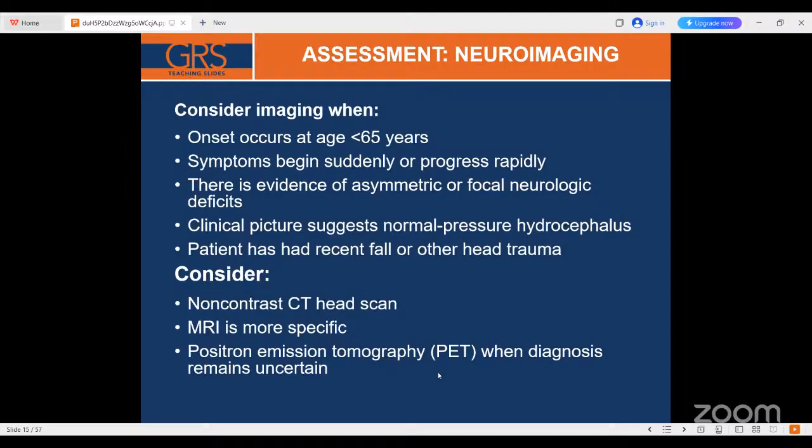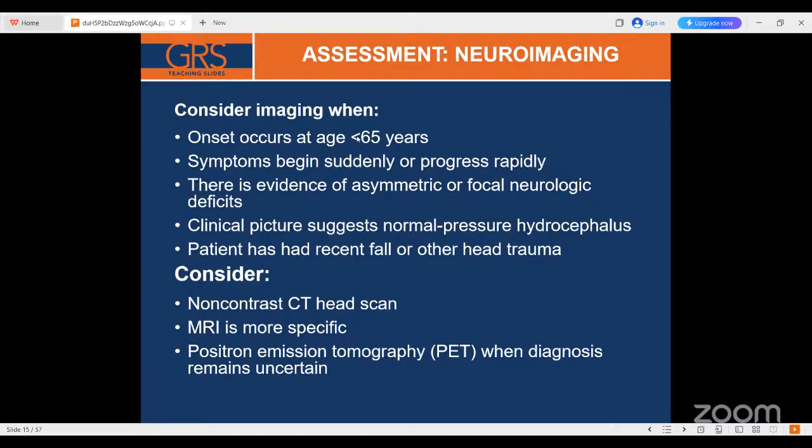Then we have the neuroimaging. So when do we consider doing neuroimaging for patients with suspected dementia? Based on the history and examination: if the onset is early, as we said, less than 65 years of age; if symptoms begin suddenly and progress rapidly, in which case we suspect tumor or vascular cause of dementia; if there is evidence of asymmetrical or focal neurological deficits, where we are also searching for tumor; if the clinical picture suggests normal pressure hydrocephalus; or if the patient has had a recent fall or other head trauma.